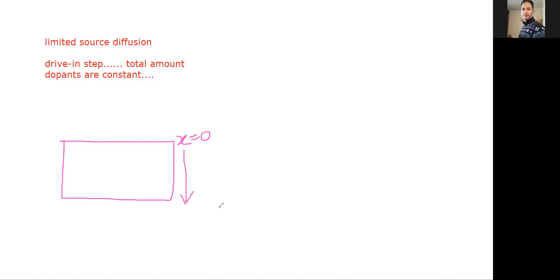Now if we look at the boundary conditions in this case, one of the boundary conditions is the same: C at infinity, for all values of time, is equal to 0. It is the same as the constant source diffusion case.